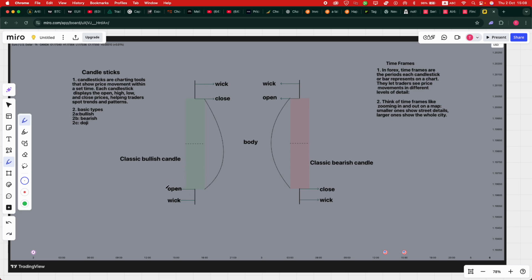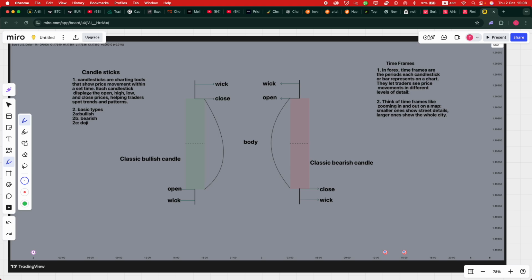Now, let's dive right into it. Candlesticks are charting tools that show price movement within a set time.